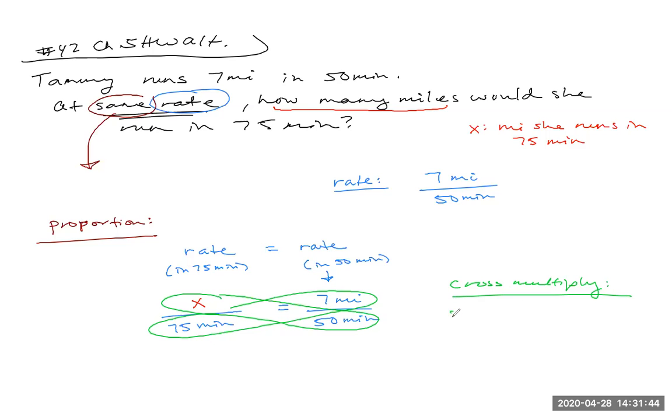We get 50x equals 7 times 75. Units should work out. The units here would be minutes. Units here, miles. Units here, miles and minutes.